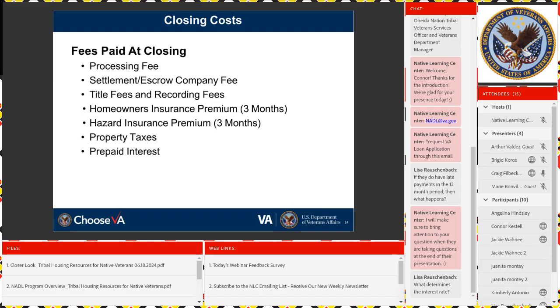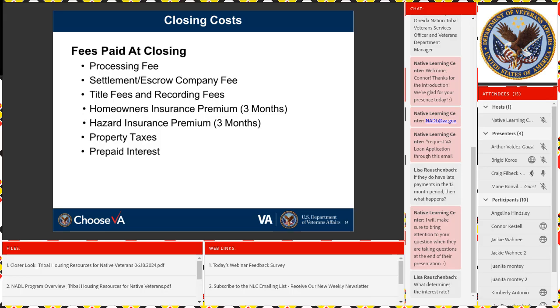We will look to obtain additional homeowners insurance premium, which we will impound into the escrow account. If there's any additional hazard insurance as well. If there's property taxes, which also we don't have here for the most part, and we will also impound prepaid interest if we're closing during the middle of the month.